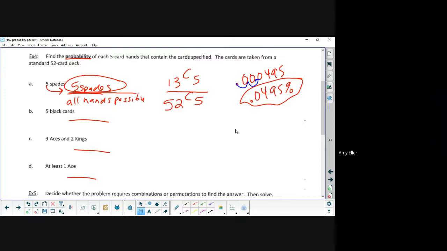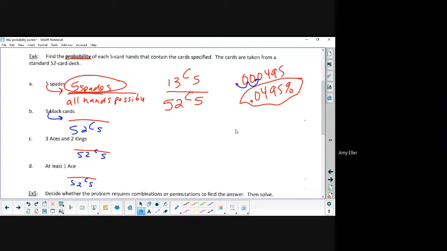Part B, I want 5 black cards. Is my total still the same? Yeah, your total is going to be the same for all of these. The bottom, 52 choose 5. So B, I want 5 black cards, and I want to know how many different ways I can pick 5 of them.